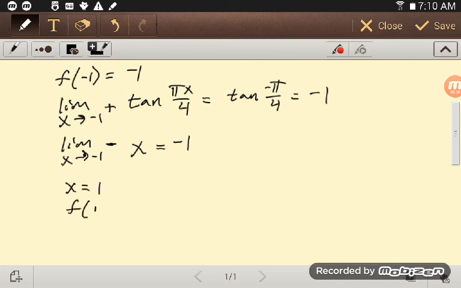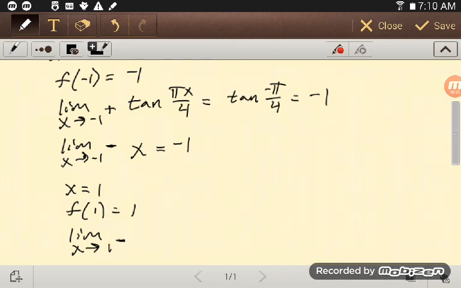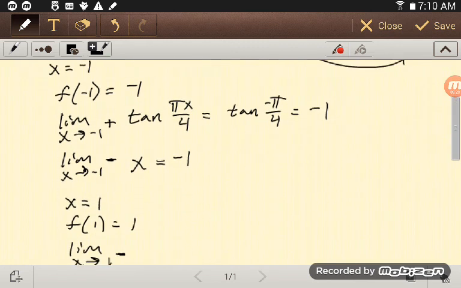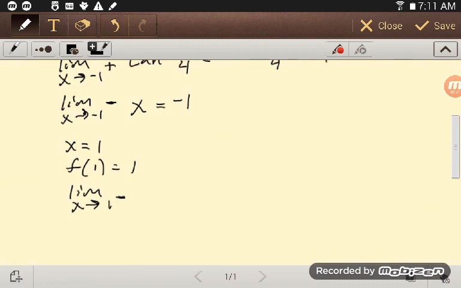We have f of 1 is equal to 1 because it was just x. And we check the limit as x goes to 1 from the left this time. Again, we'd be coming in here from the left of tangent of pi x over 4. Again, I can do that by direct substitution. I get the tangent of pi over 4, which is just 1.